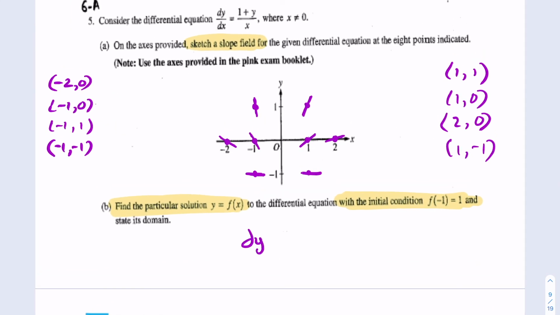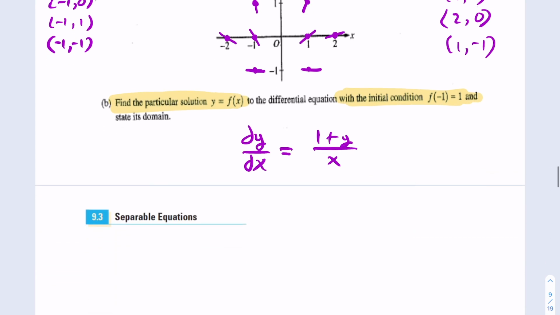So you have a separable differential equation. Okay. First step is to separate. I'm actually going to show the step here because people tend to write it incorrectly. Since I want y's on the left, I have to divide by 1 plus y.